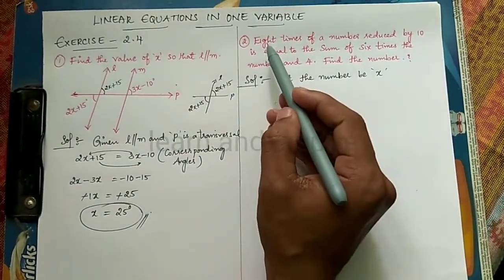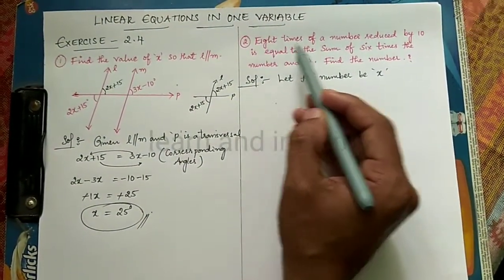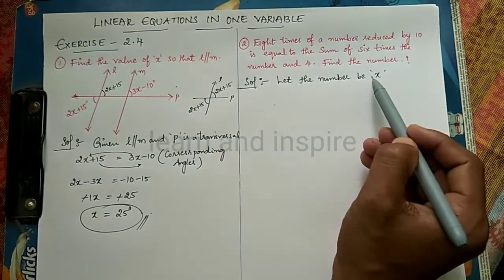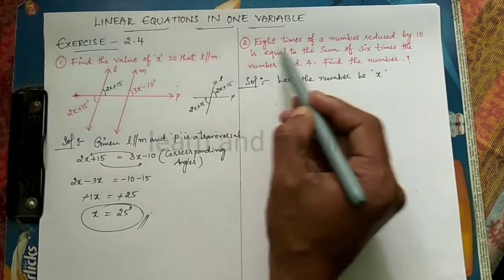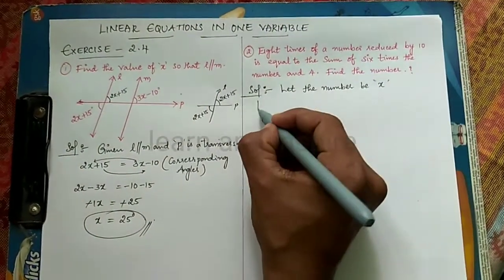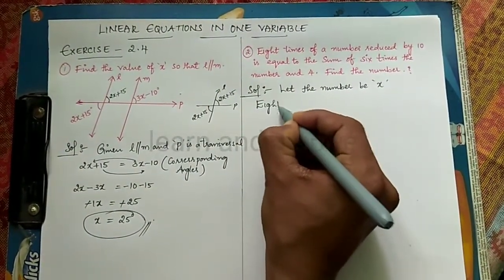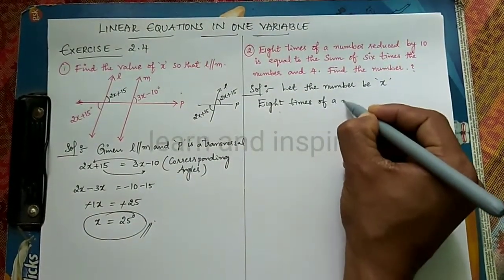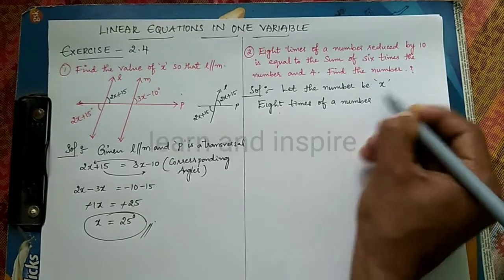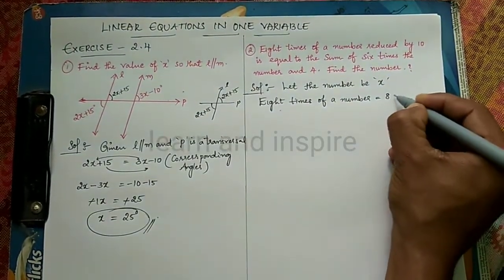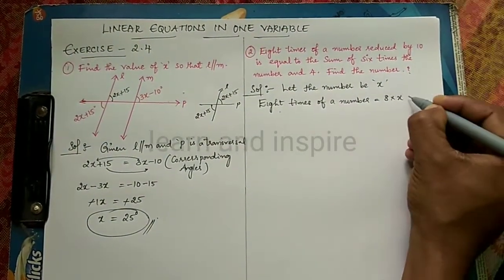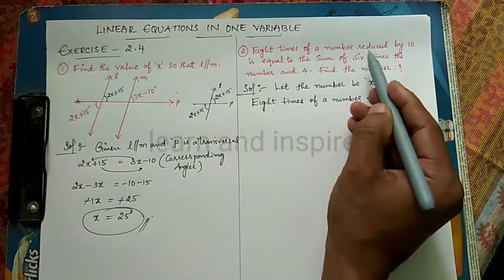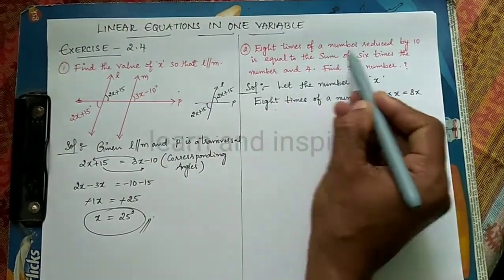Now we start from the question. 8 times a number. We know the number is x. 8 times a number is how much? 8 into the number x is 8 times x, that is 8x.